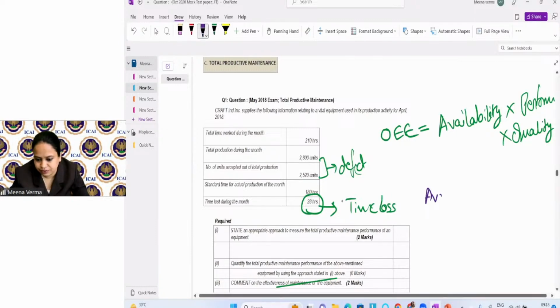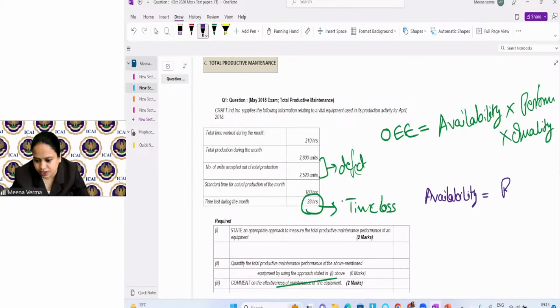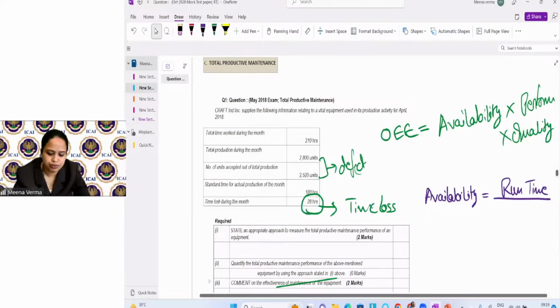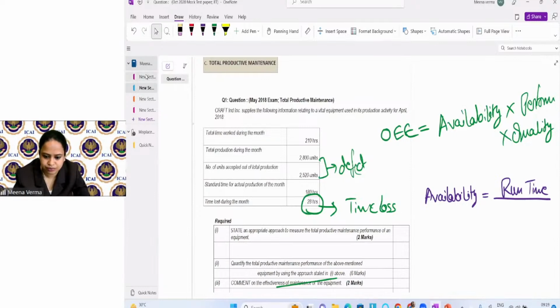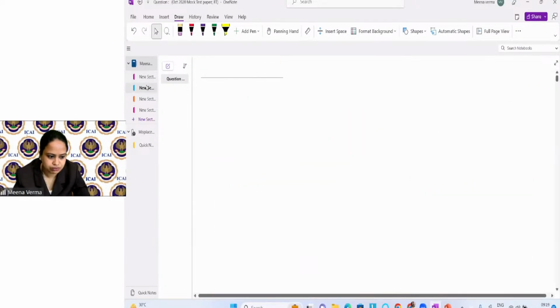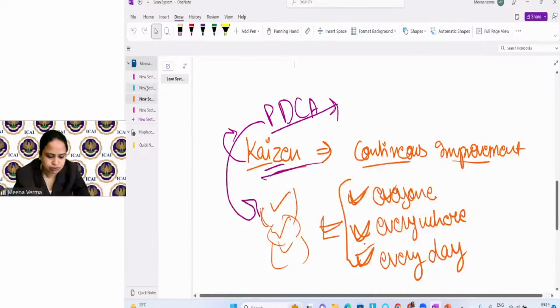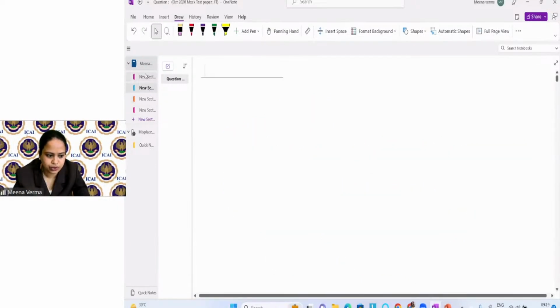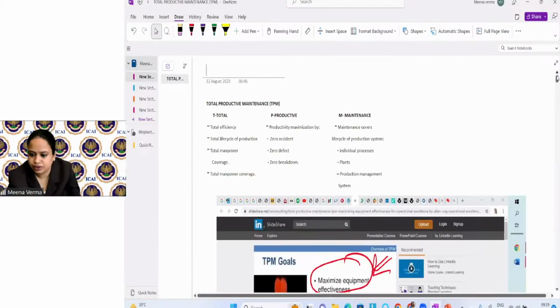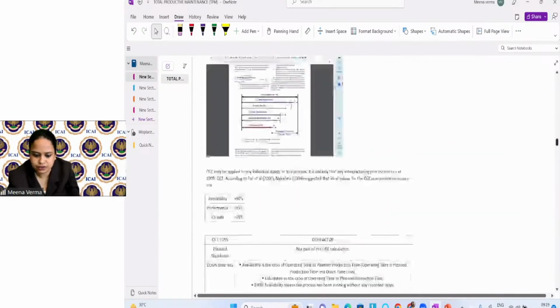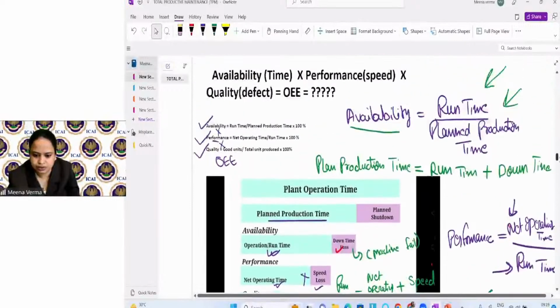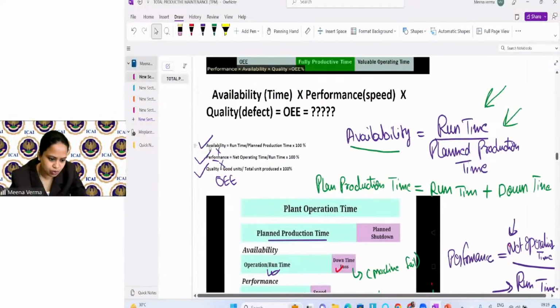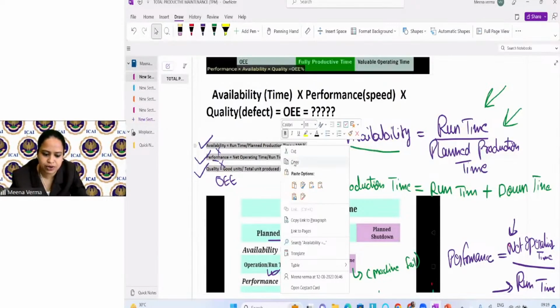Availability is equal to runtime divided by production time. Okay, I lost it. Give me 1 minute. Let me just copy this. So runtime divided by planned production time. You have to find the planned production time here.